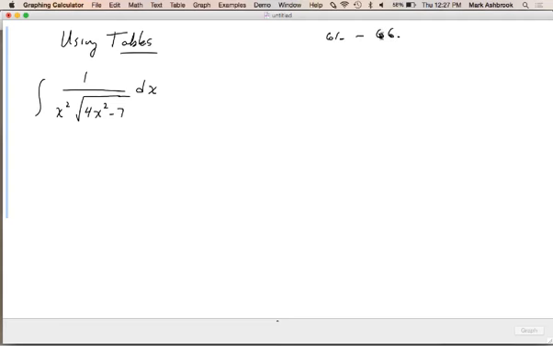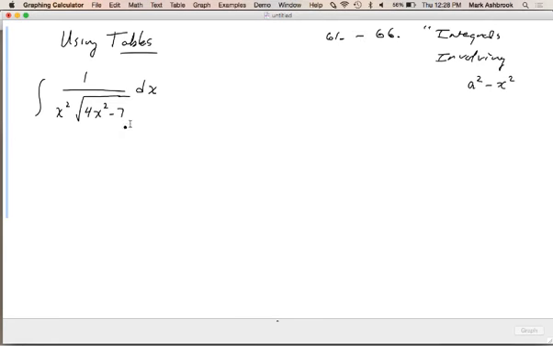Each formula is numbered. 61 through 66 are integrals involving a squared minus x squared, where a is like a constant. Is that what we have? No, we have something more like x squared minus a squared.